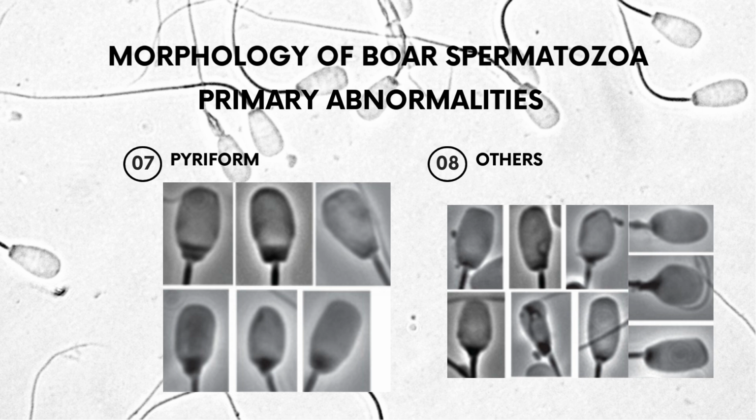There are also pyriform heads, where there is narrowing at the post-acrosomal region of the sperm, resembling that of a pear, as well as other types of primary abnormalities that could be rare. Aside from the primary abnormalities, there are also secondary abnormalities exhibited by the boar spermatozoon, which could either affect the midpiece or the tail.